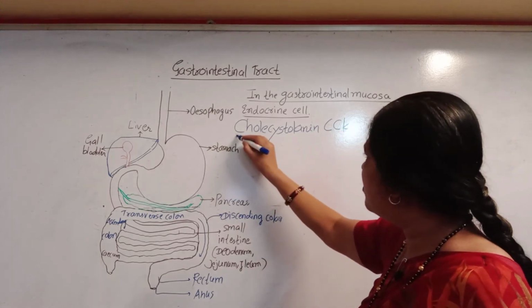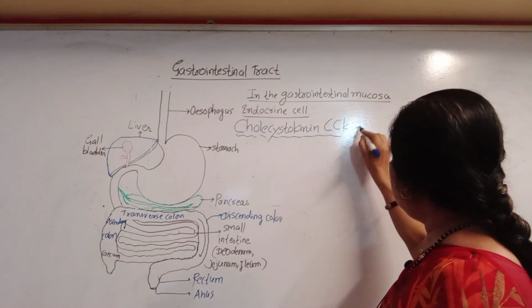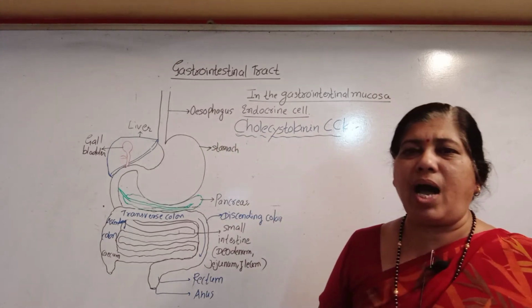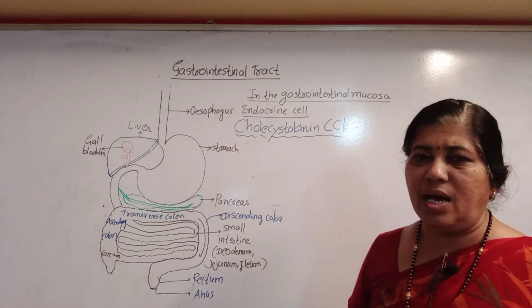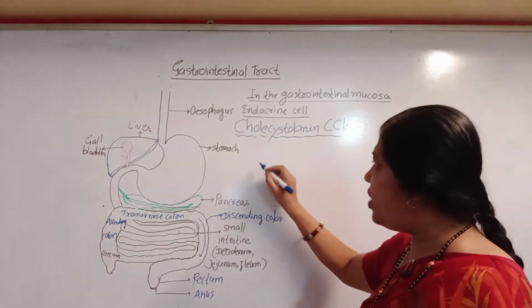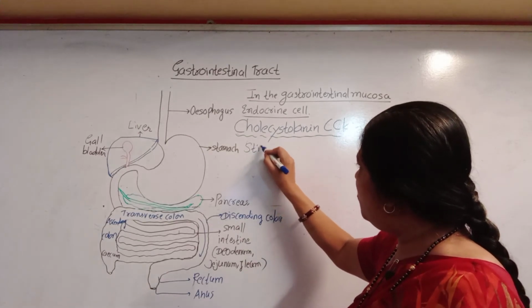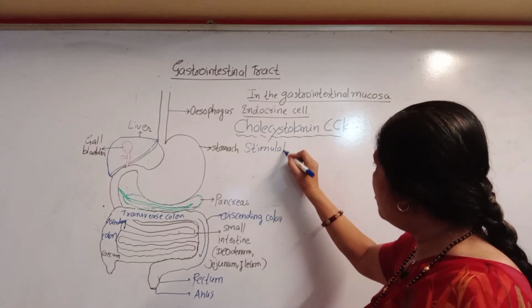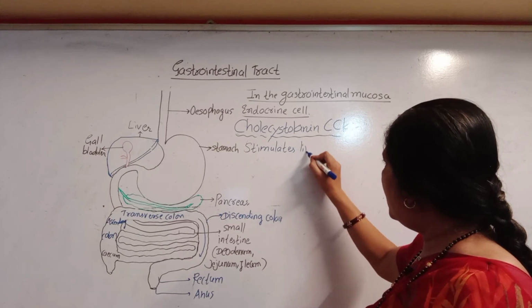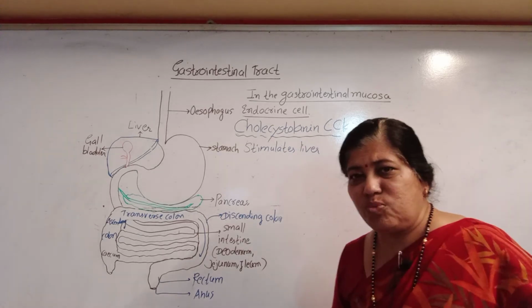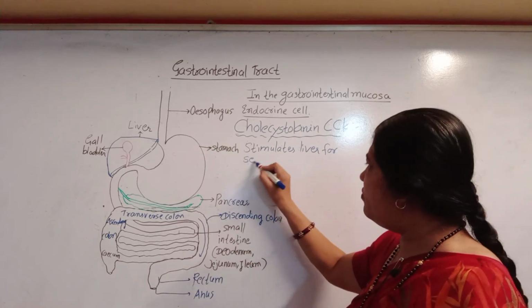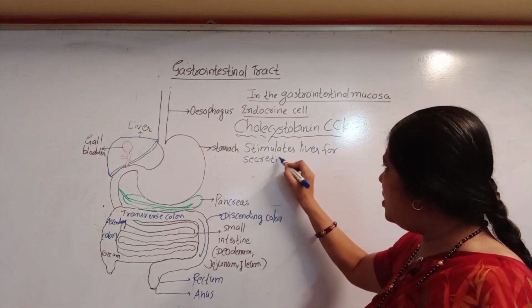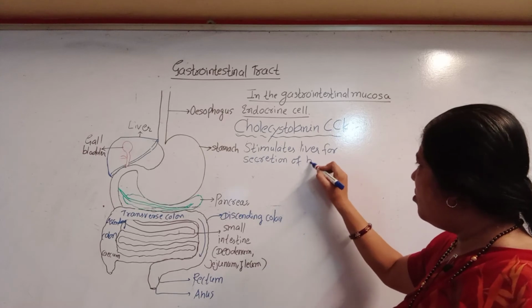This is an important hormone which is secreted by endocrine cells of gastrointestinal mucosa, and this hormone cholecystokinin stimulates liver. It stimulates liver for what? For secretion of bile.